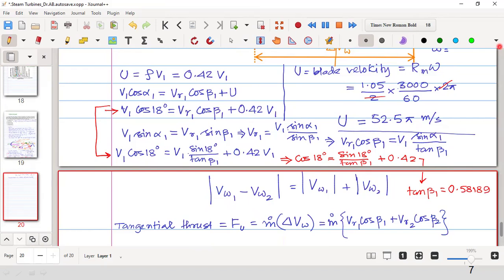And therefore beta 1 can be written as tan inverse of that. That is coming to be 30.19 degree, tan inverse of that.